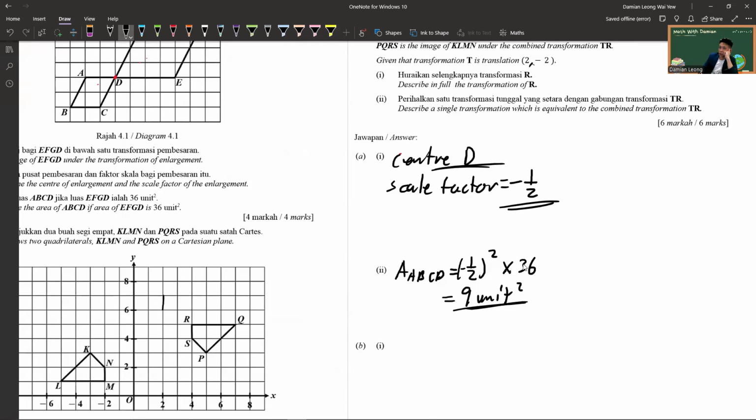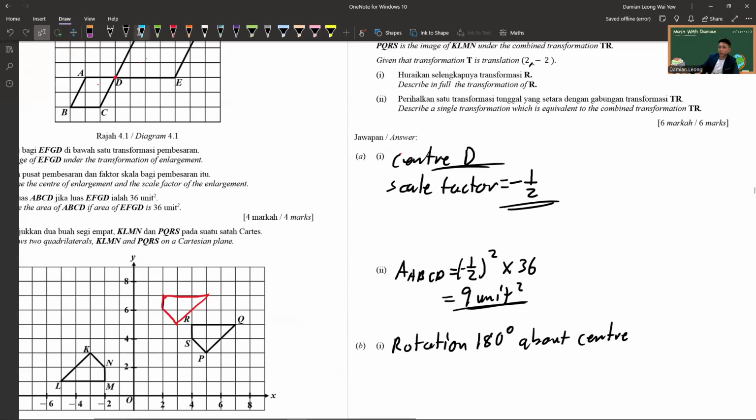So it would be, let me draw it out. Here, like this. Okay, so we want transformation R from KLMN to this. You can look at the orientation, it is upside down, meaning it's a rotation, 180 degrees about a center.